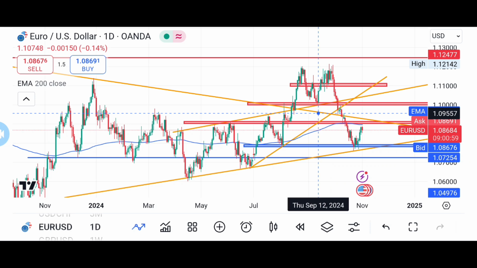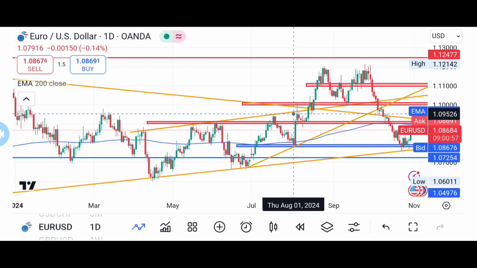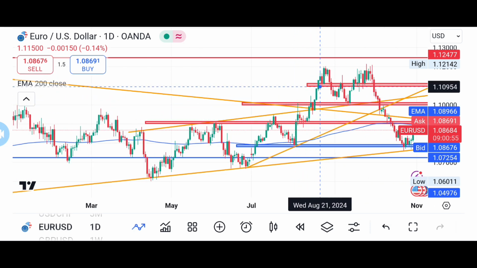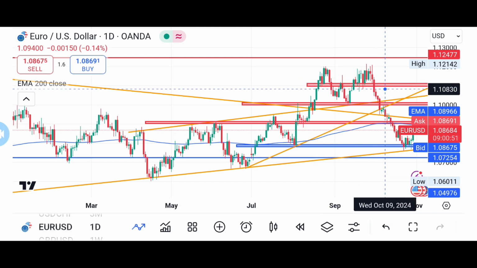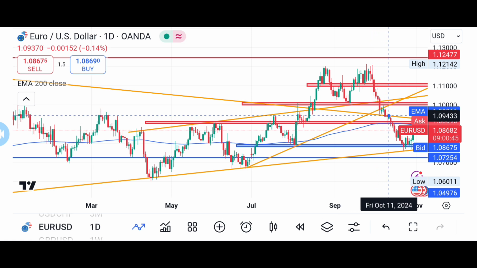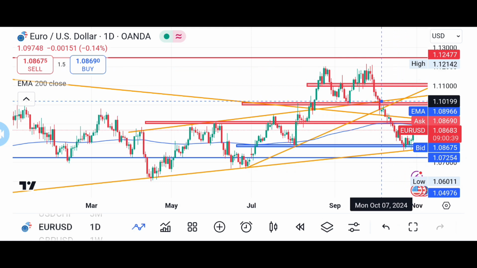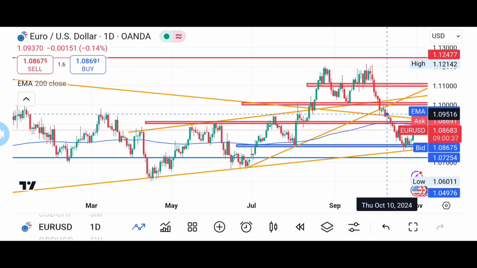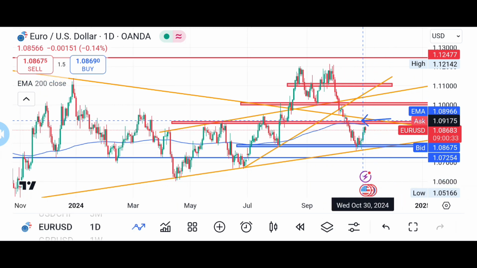Let me zoom in. Once the sellers brought the price action up to here, this trend line did not hold the price upward. Rather the sellers continued and broke this trend line, but it has never been retested. You can see it has never been retested.